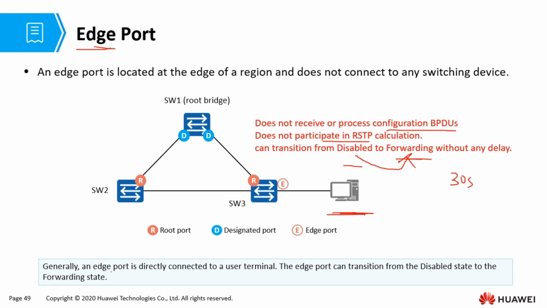The edge port in general is directly connected to the user terminal, so it transitions from the disabled state to the forwarding state directly. Basically, the edge port becomes a common STP port once it receives a configuration BPDU. Then the spanning tree will be recalculated, which will result in network flapping.